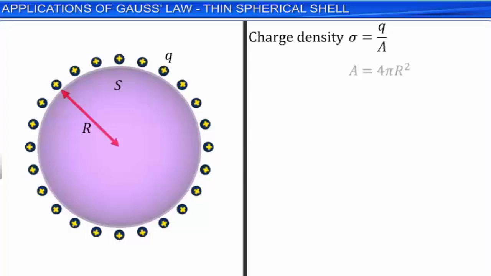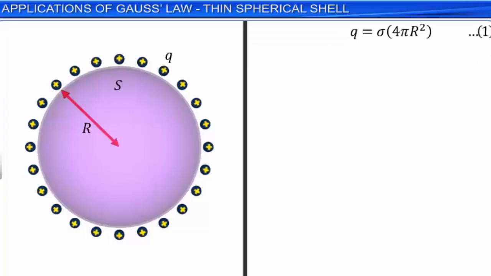This can be rearranged as Q is equal to sigma A, or Q is equal to sigma into 4 pi r square, since the surface area A of the spherical shell is 4 pi r square. Let this be equation 1.